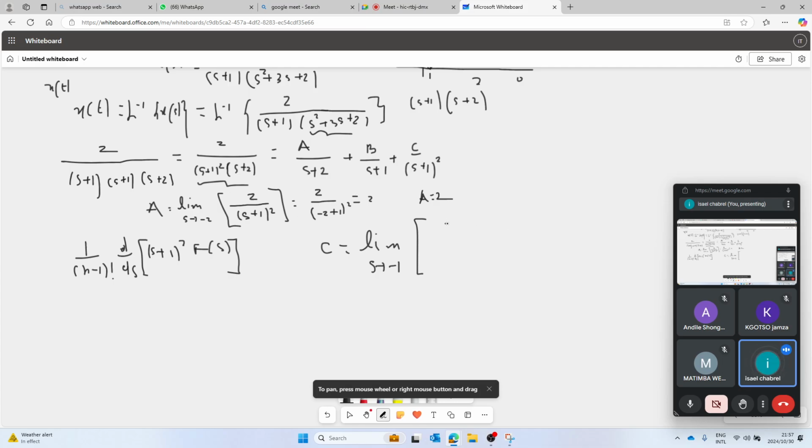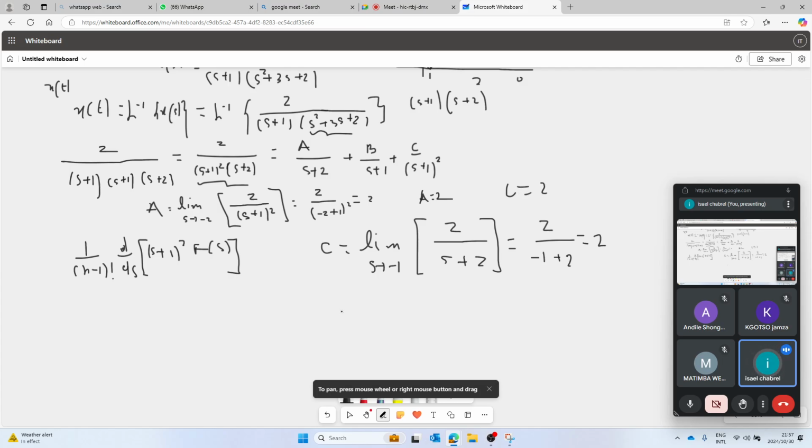What you have inside here is 2s plus 2. To solve for C, you substitute s by minus 1: minus 1 plus 2. So the answer for C is 2.